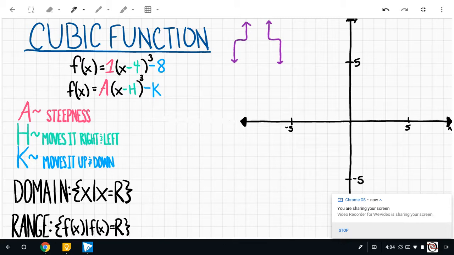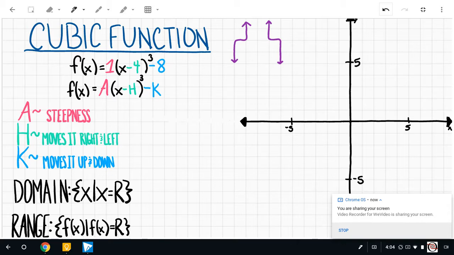You might be thinking, well, 4 as x will make this 0. And you are right. So you're going to know that it's going to be somewhere around the x equals 4 line. And you know that's going to be your vertex. That's going to be your first coordinate in your vertex. If you don't know what a vertex is, we'll get to it, but just hang on for now.